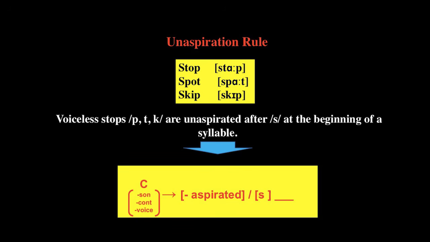Then we open the brackets for the s sound at the beginning of a syllable, then the environment. So we say a consonant that is minus sonorant, minus continuant, minus voice is pronounced or becomes unaspirated, minus aspirated, whenever it is preceded by an s sound at the beginning of a syllable.